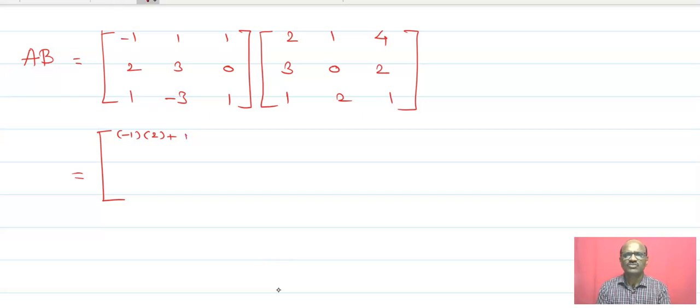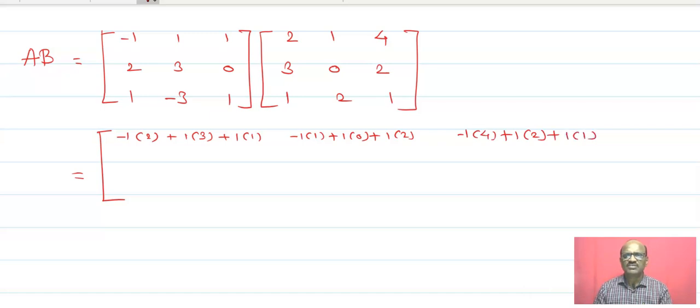First row, first column: the first row of the first matrix will multiply with the first column of the second matrix. See this, minus 1 into 2 plus 1 into 3 and 1 into 1. Next is first row, second column: minus 1 into 1, 1 into 0, 1 into 2.